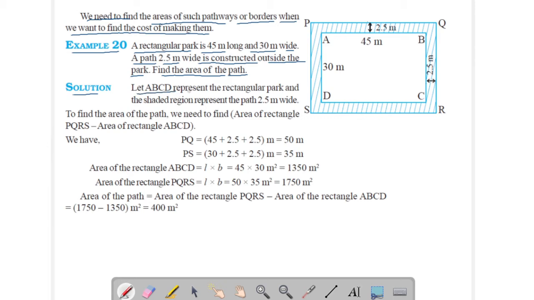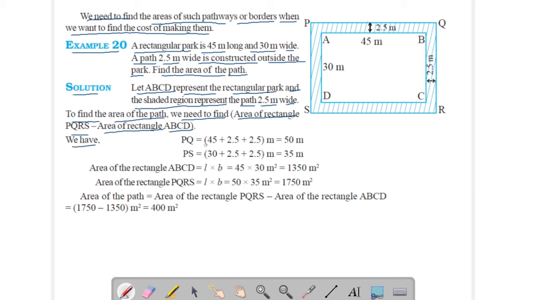Let ABCD represent the rectangular park and the shaded region represents the path 2.5-meter wide. To find the area of the path, we need to find area of rectangle PQRS minus area of rectangle ABCD.